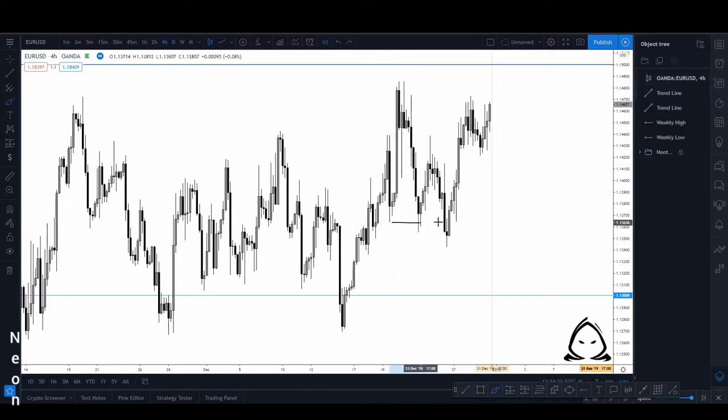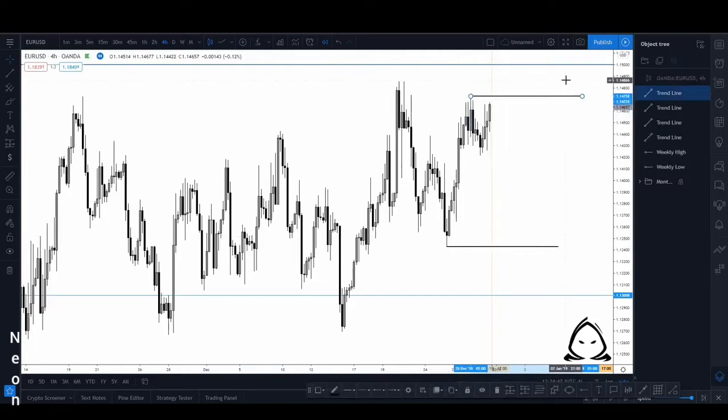But once we actually broke this low here, we created a high here as price went down, created a lower low and a lower high, but then we broke to the upside. So as we can see from the 4-hour chart, we are now starting to switch bullish. If I just draw on this line here and this line right here, you can see that.